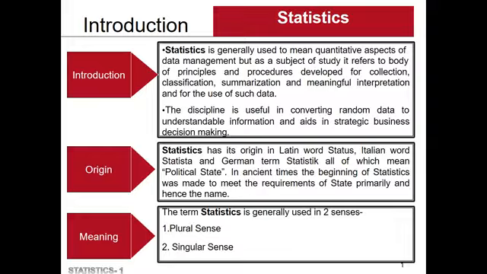Statistics has its origin in the Latin word status, the Italian word statista, and the German term statistik, all of which mean political state. In ancient times, statistics began to meet the requirements of the state, and hence the name. The term statistics is generally used in two senses: plural and singular.